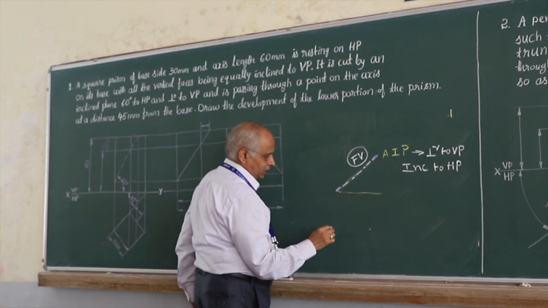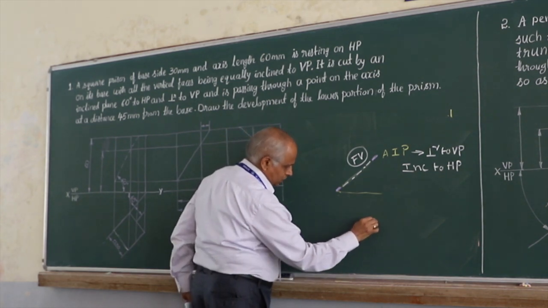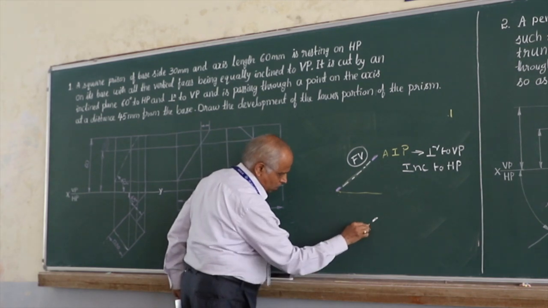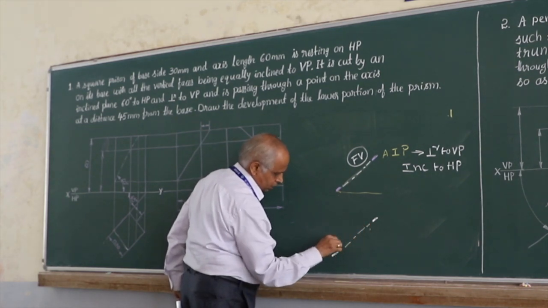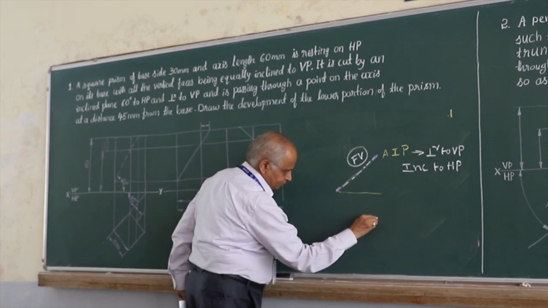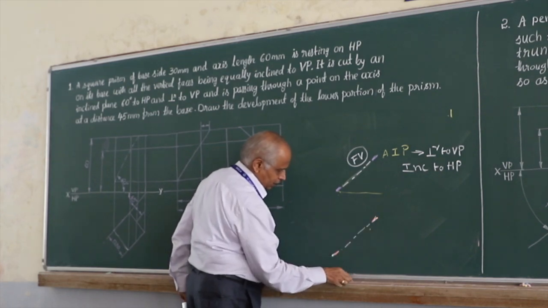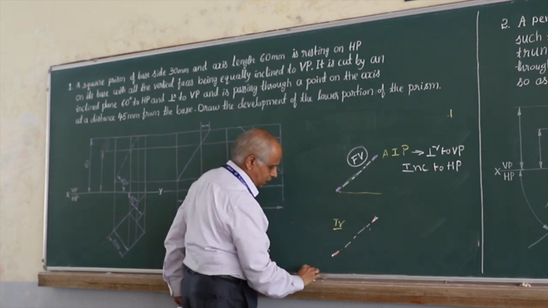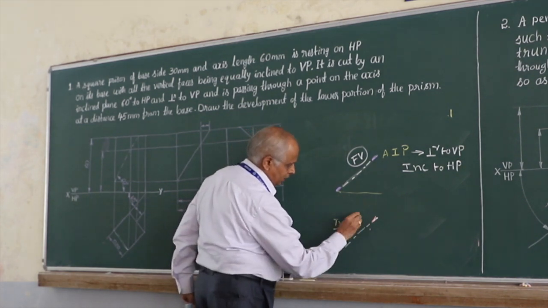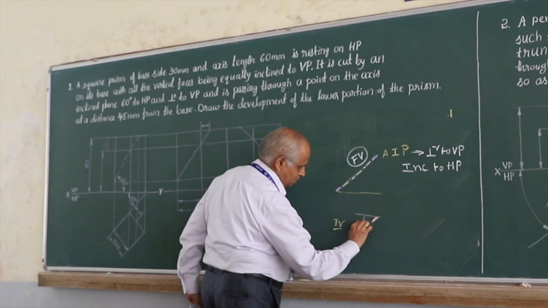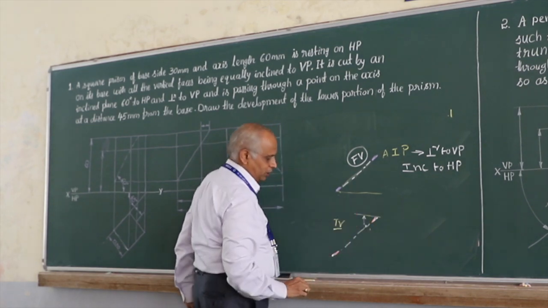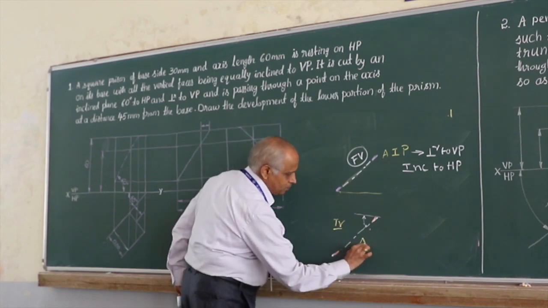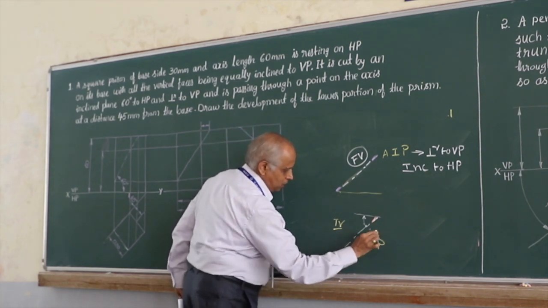But if you look at a section plane perpendicular to HP, then it has two thick dashes at the end, alternately short, long, thin dash, and this one is in top view. So if you write this in top view, remember this section plane is inclined to VP but perpendicular to HP. You can see this inclination with respect to the vertical plane, and such a plane is called the auxiliary vertical plane.